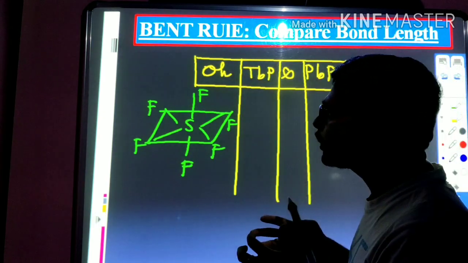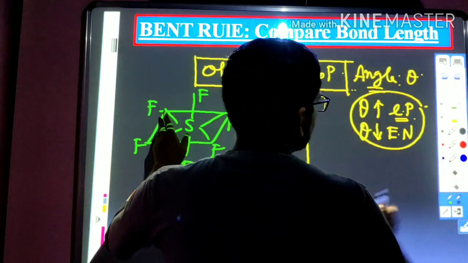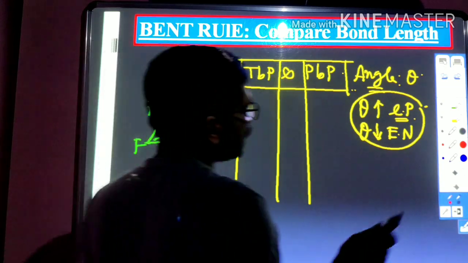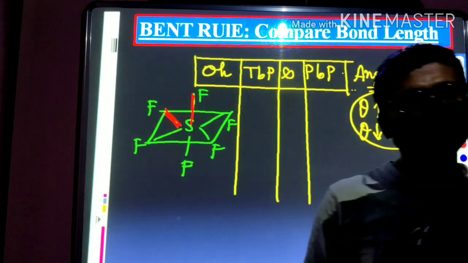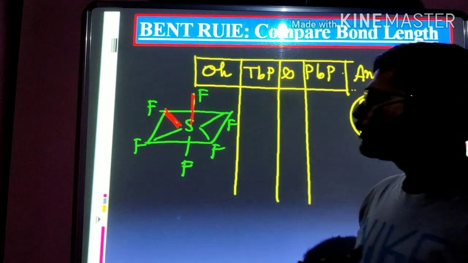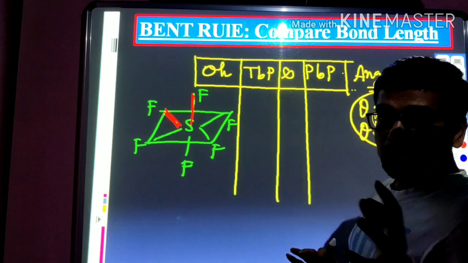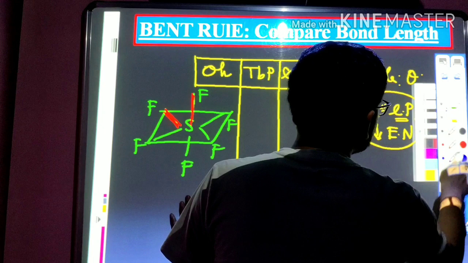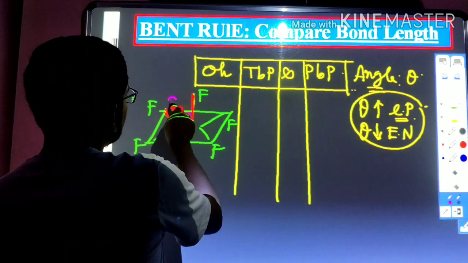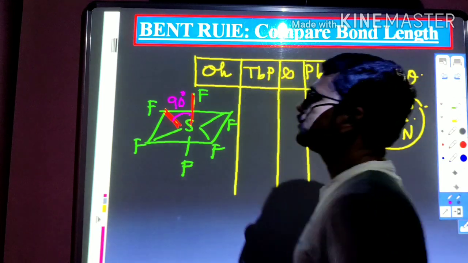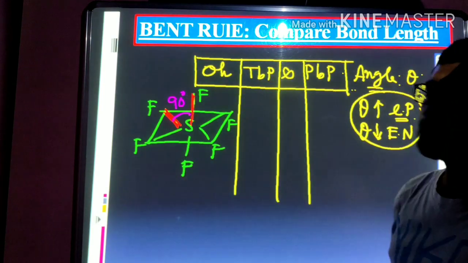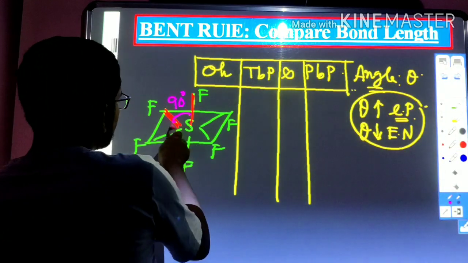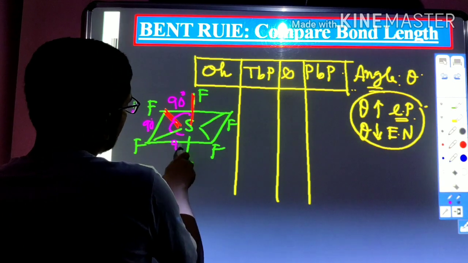If we talk about the bond length of this SF bond and this SF bond, will it be equal or different, or which one will be longer? In order to know, you need to check the angle. Basically the angle here is 90 degree. This is the square plane and these are the axial positions. Here all the angles are 90 degree.